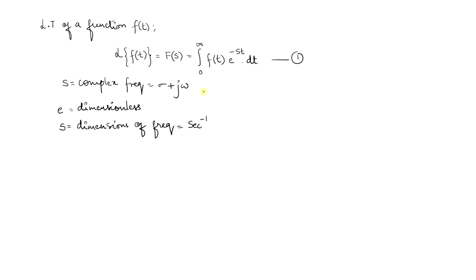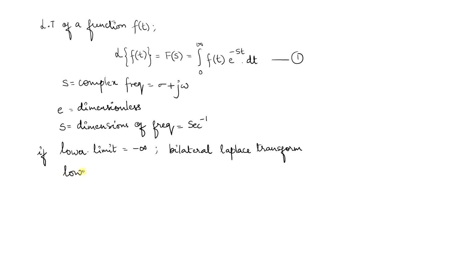The lower limit can also be minus infinity. If the lower limit is minus infinity and the upper limit is infinity, we call such a transform the bilateral Laplace transform.